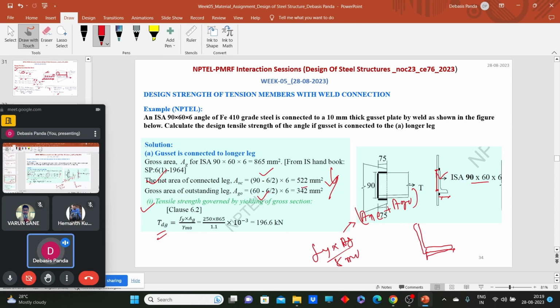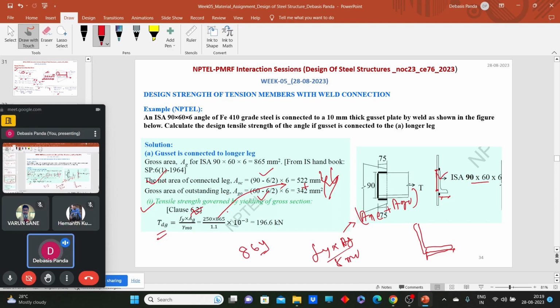If you sum them up, that will come as this, or you can calculate the Ag value directly from SP6. But I suggest that you learn to calculate these values directly from this equation, because these codes are not available here. So if we add these two values, 522 plus 342, that comes as 864. Here 865 is considered.